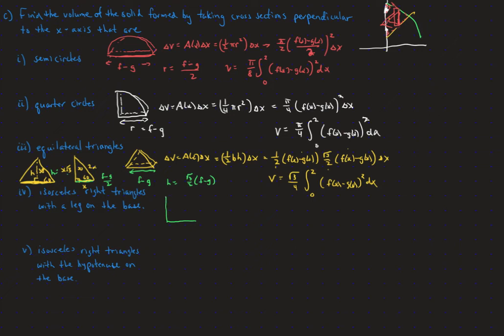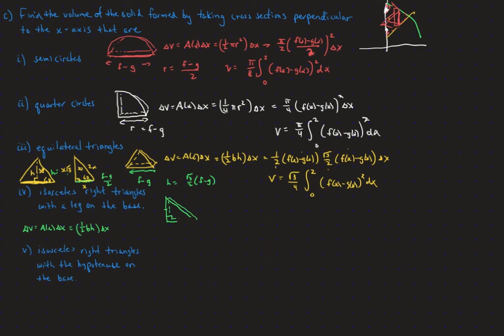Another leg is up here because this is isosceles, and our hypotenuse is coming down. And we have a little bit of thickness because of our delta x there. So our delta volume is going to be, again, the area of the cross-sectional piece times delta x. That's, again, a triangle because it's going to be a 1/2 base times height times delta x.